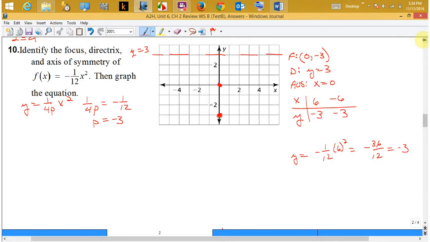So I have (6, negative 3), and then I have (negative 6, negative 3). So I'm ready to draw the parabola. It would look like that.